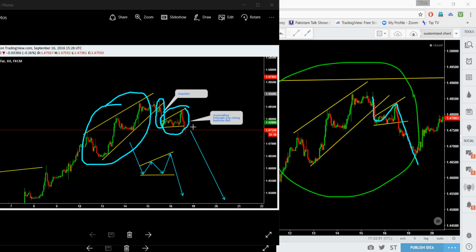Here is the next impulse. We can see the next impulse appeared here, giving us a potential move like this. So this is the expanding triangle, and that is the trend reversal ascending broadening wedge.